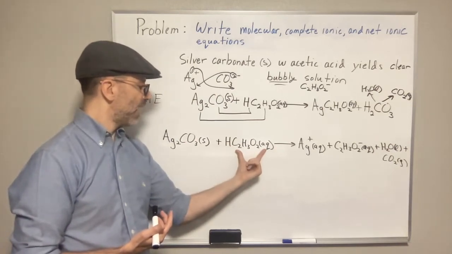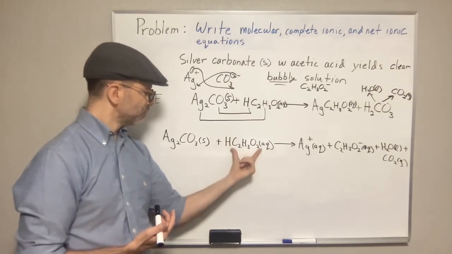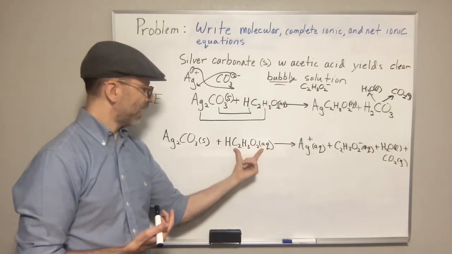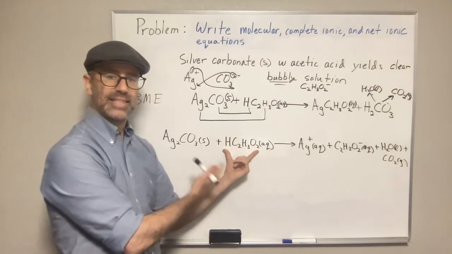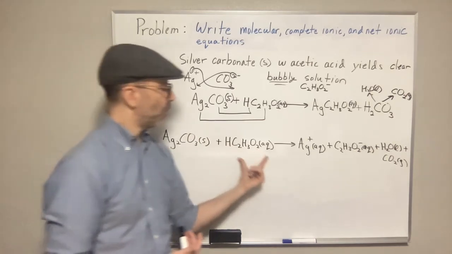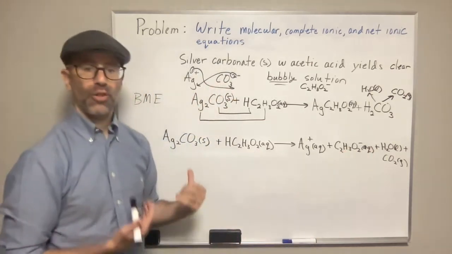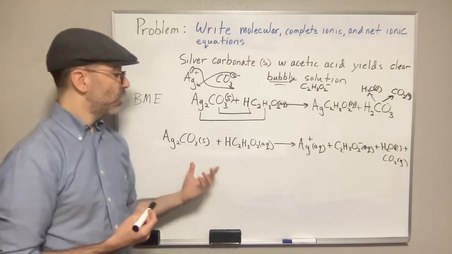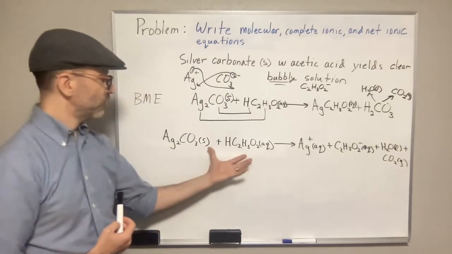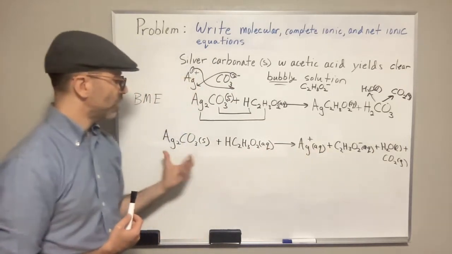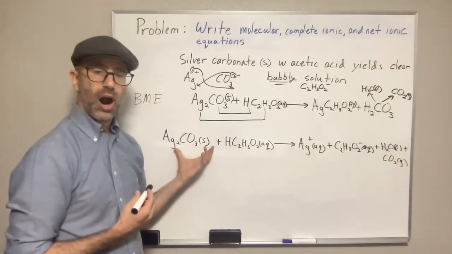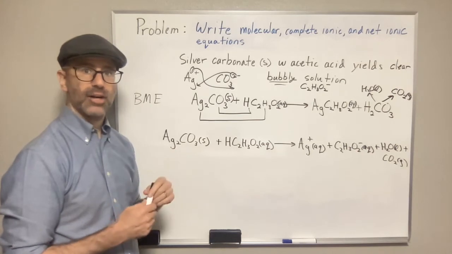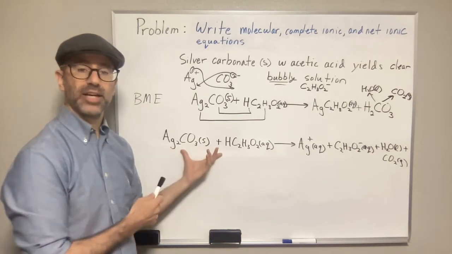And then here we have the acetate ion. Notice that the acetate ion is part of the compound acetic acid. It is not by itself, but here it's by itself. So that changes as well. So all of this is part of the reaction. So here, there's no spectator ions.